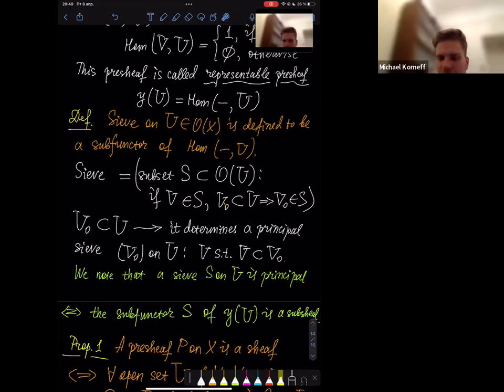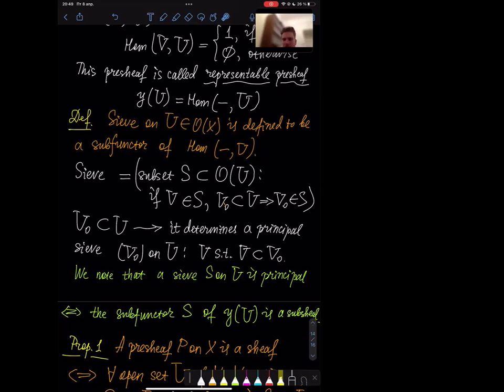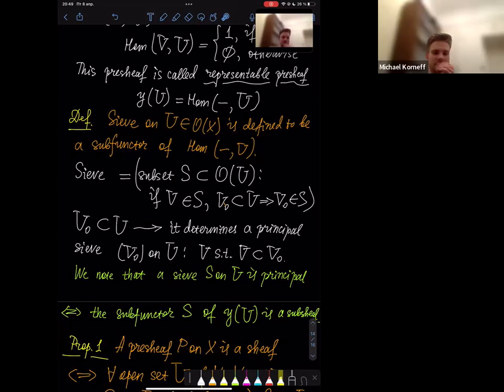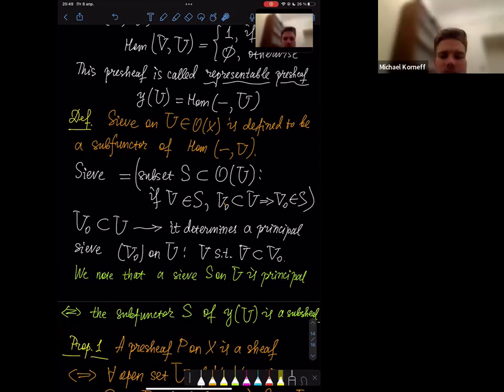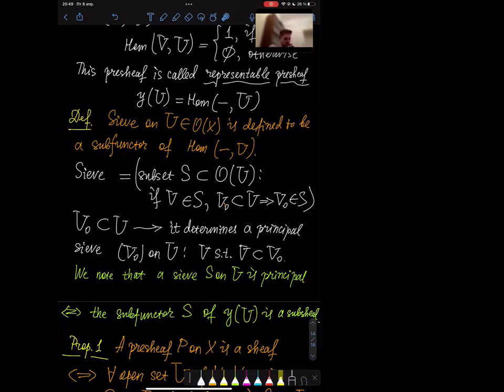To each sheaf, in sets for instance, we can associate a covering space called the étale space, and we can recover a sheaf from this object as well. So you didn't discuss it.